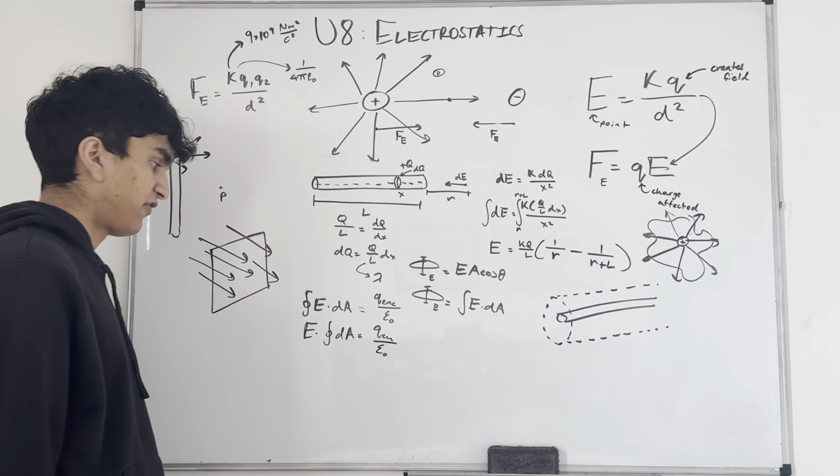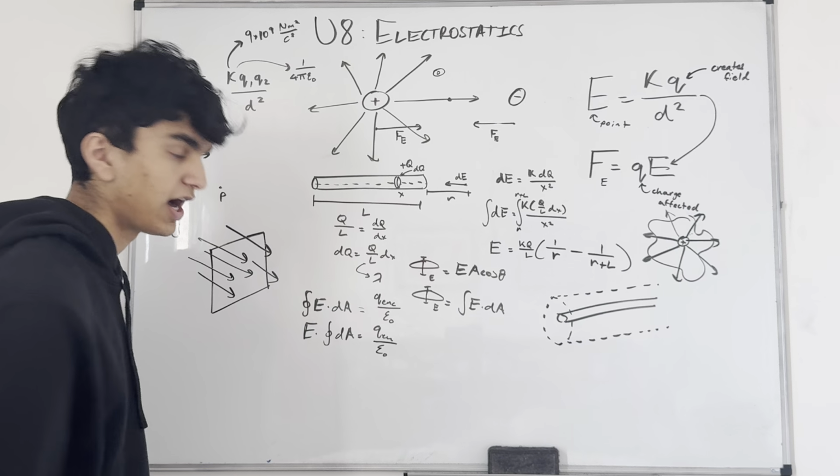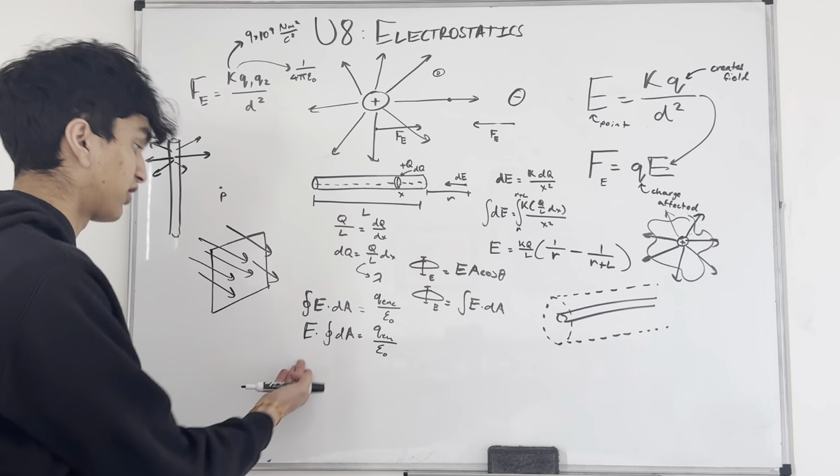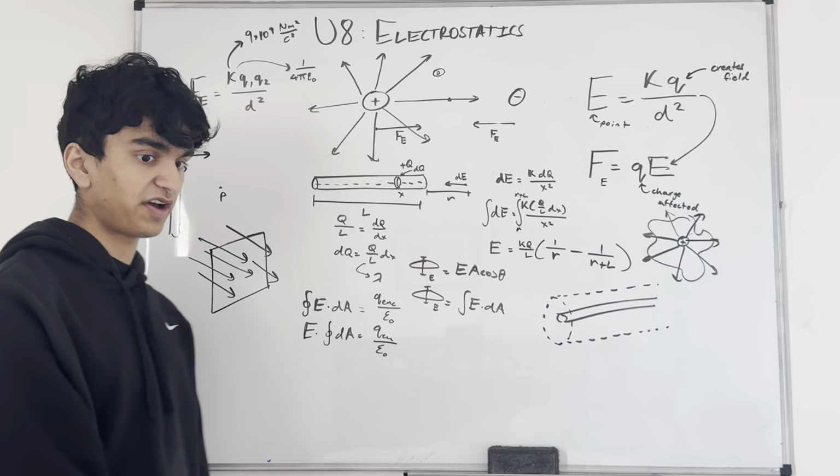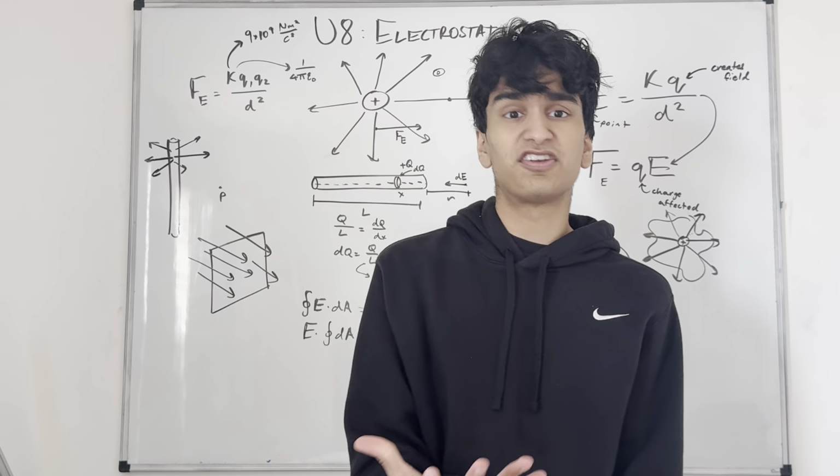So if I know that Q enclosed, and epsilon naught is a constant, I can just find the electric field, because if I integrate all the dAs, that's just the surface area.